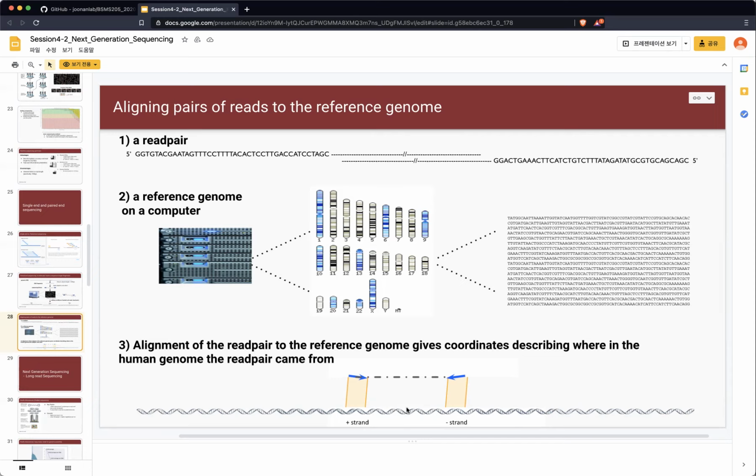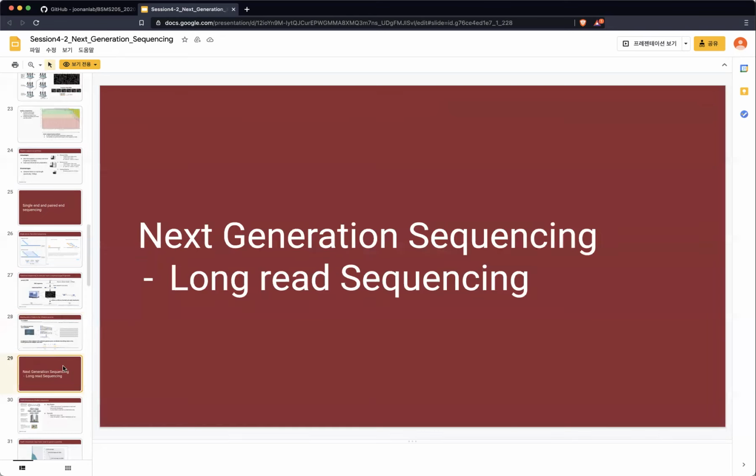I think these days most people use paired end sequencing, so there is probably no point in thinking about the differences between single and paired end. But what I want to emphasize is that paired end information has a specific advantage, which is why we have to use paired end in DNA variant discovery or in your genomic sequencing.